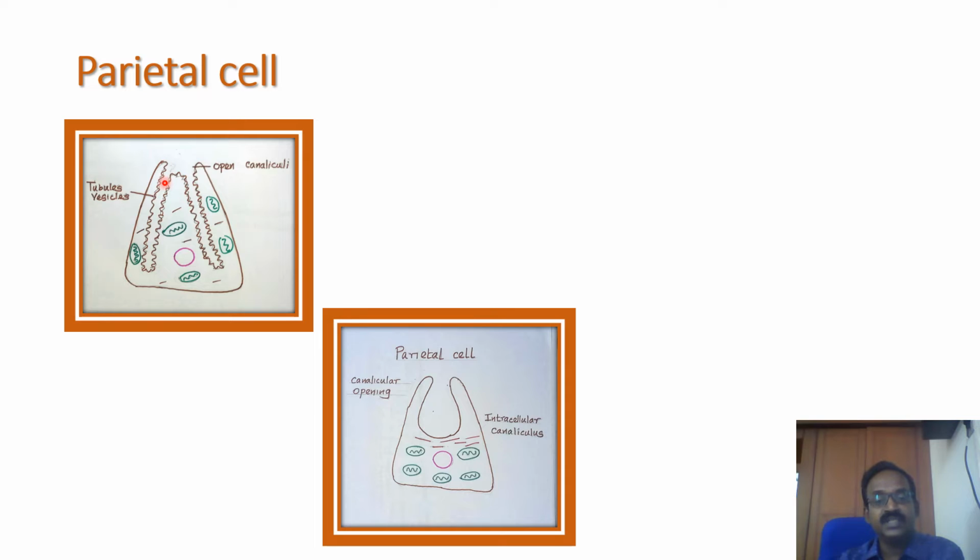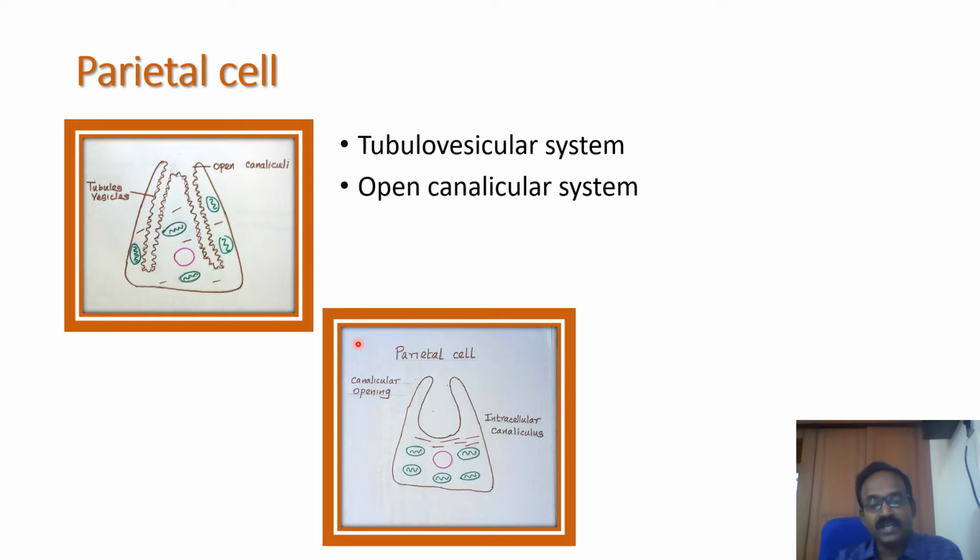When food enters the stomach, that open canalicular system comes very close to the gastric lumen. This area contains a large number of proton pumps, or hydrogen potassium pumps, which help to secrete hydrochloric acid into the stomach.